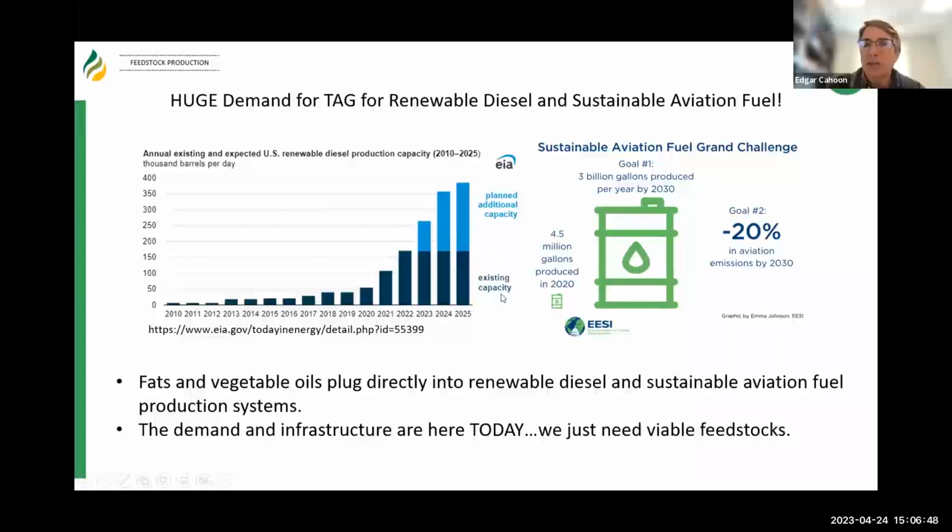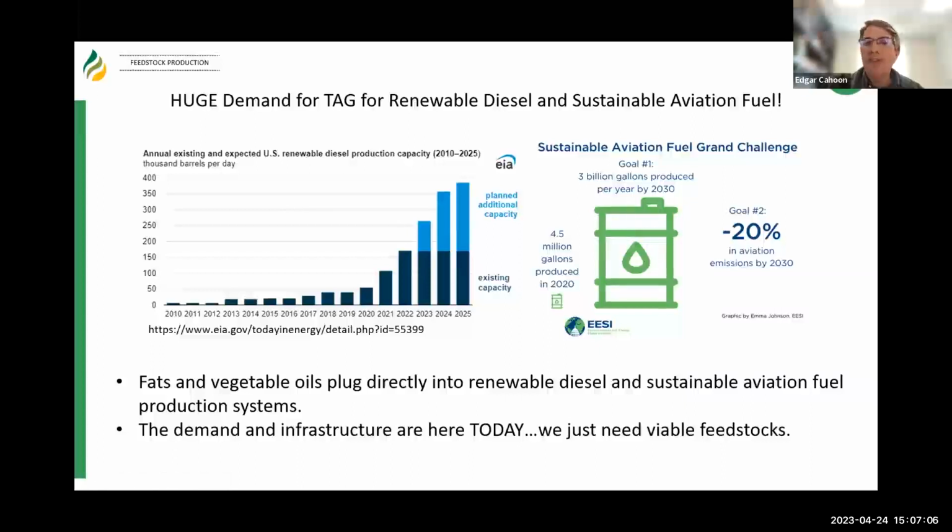Currently, in 2020, there was about 4.5 million gallons of sustainable aviation fuel produced from things like vegetable oils and animal fats. And we're looking to 2030 to go up to 3 billion gallons of sustainable aviation fuel produced per year.